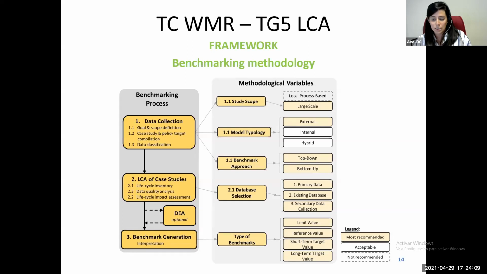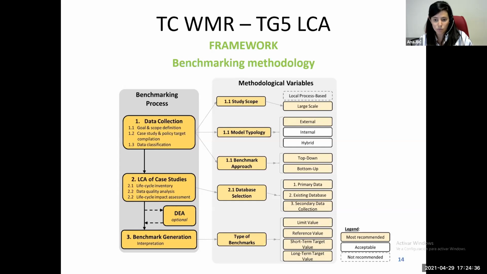The second big step is the performance of the LCA itself using case studies: having the lifecycle inventory of the case studies, performing a data quality analysis, which is quite important, and then undertaking the lifecycle impact assessment. The final step is the benchmark generation itself, which is sort of the interpretation of results.